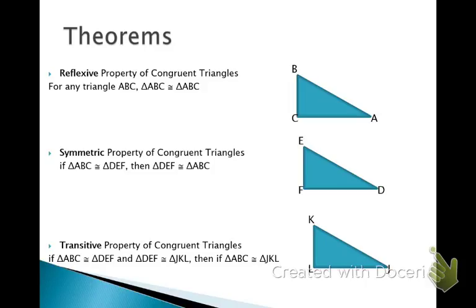And then finally we have transitive property. Same idea as when we used it with addition and equality. If ABC is congruent to DEF and DEF is congruent to JKL, we can say ABC is congruent to JKL. ABC and JKL are both congruent to DEF, so they're congruent to each other. That's transitive.